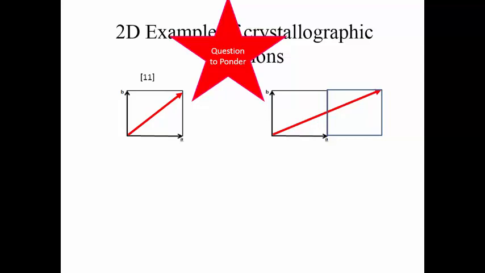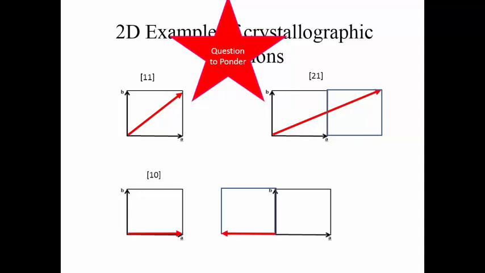Well, you go 2 over and 1 up, so it's square brackets [2 1]. What about this one? Well, you go 1 over in A and nothing in B, so there it is. And in this one, we go minus 1 in A, and we don't go anything in B, so we get minus 1 bar, or 1 bar, 0, square brackets.